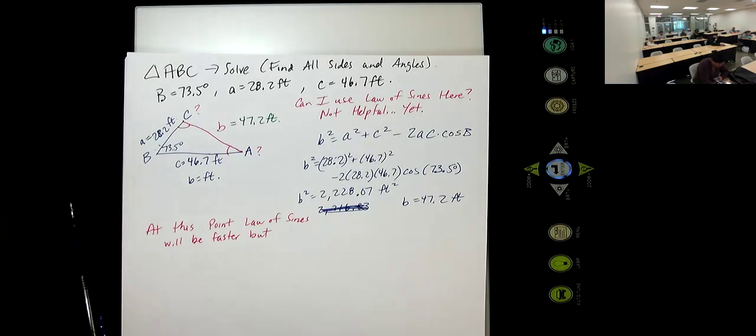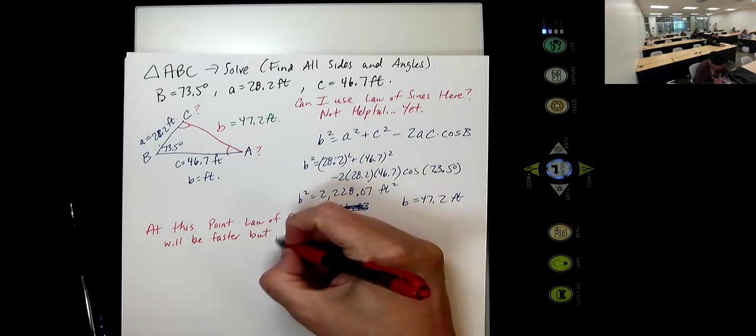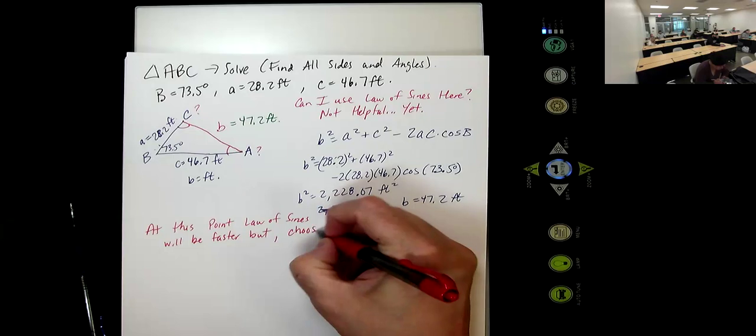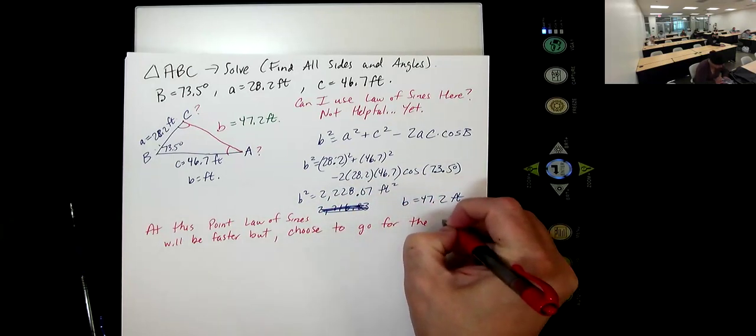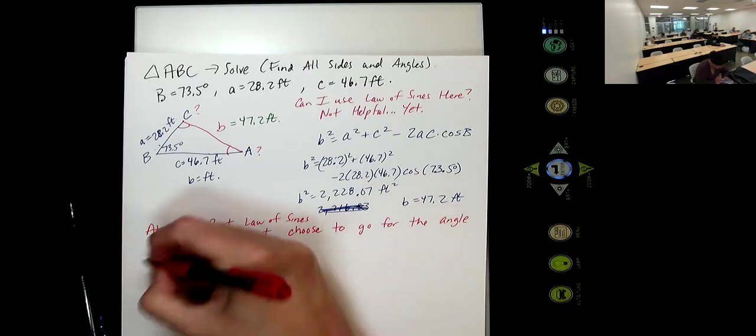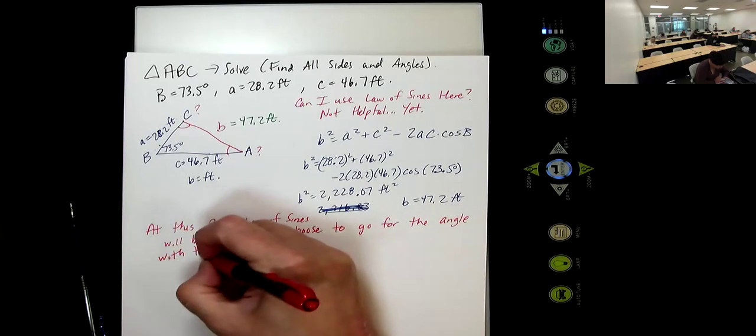But remember, law of sines can lead us to a scenario where we get two triangles, and we know we don't have two triangles. So the way you avoid getting the option of two triangles is choose to go for the angle with the smaller opposite side.